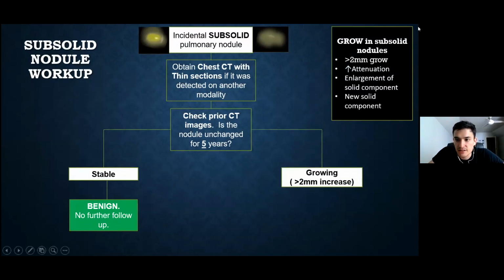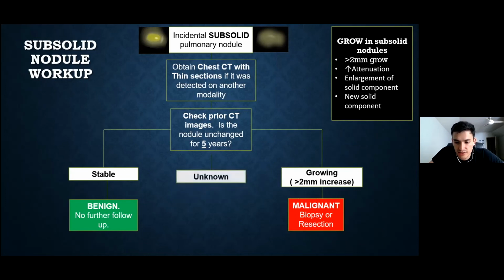If the nodule meets criteria for growth, the growth in subsolid nodules is different than solid nodules. So if the nodule meets criteria for these components that are in this black box, then it's considered malignant and biopsy or resection is indicated.